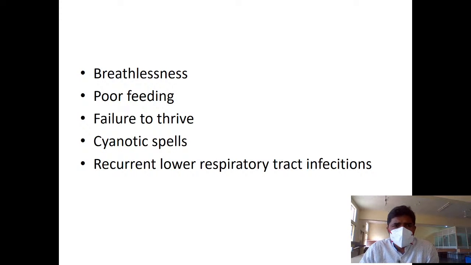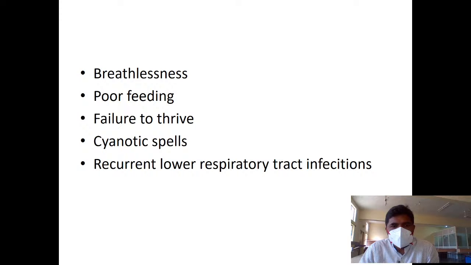And one more kind of presentation is cyanotic spells, and cyanotic spells are usually seen in right to left shunts, particularly TOF. So you need to know how to elicit a cyanotic spells history. A child will be relatively in a bluish discolored state.